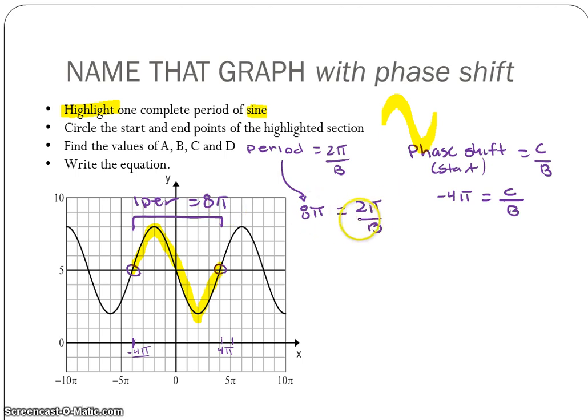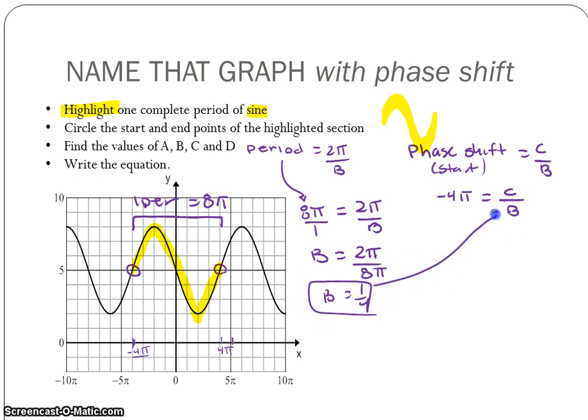So I can just solve by cross multiplying, and I get that b is 2 pi over 8 pi, or b is 1/4. So if my b is 1/4, I can plug it in up here, and then I can solve for c. So I have minus 4 pi is c over 1/4.